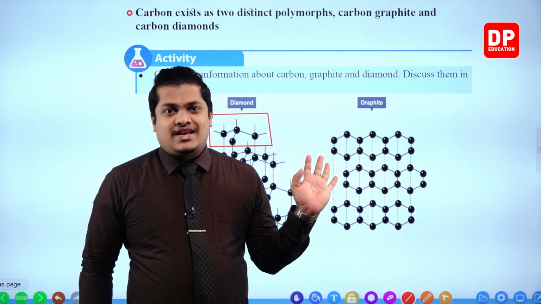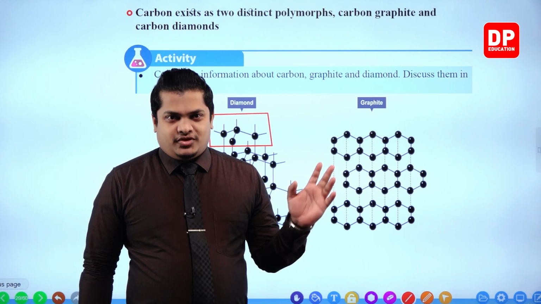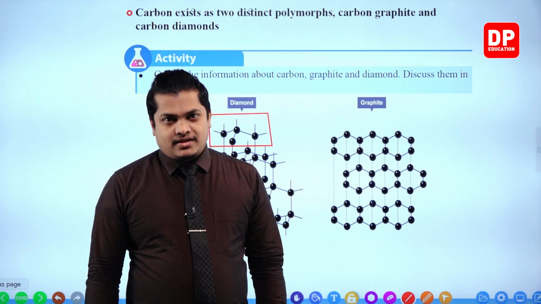However, that pressure is very immense. In our day-to-day life, we won't be able to provide that kind of pressure to the charcoal.